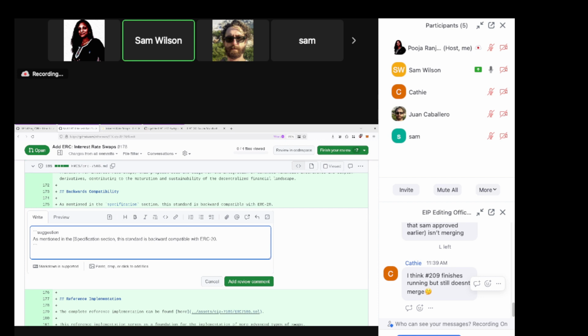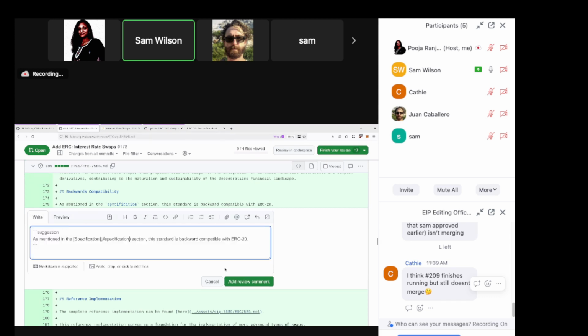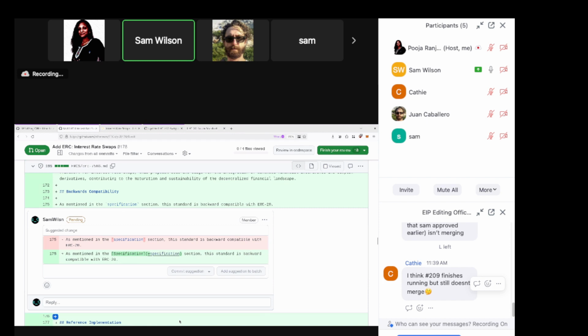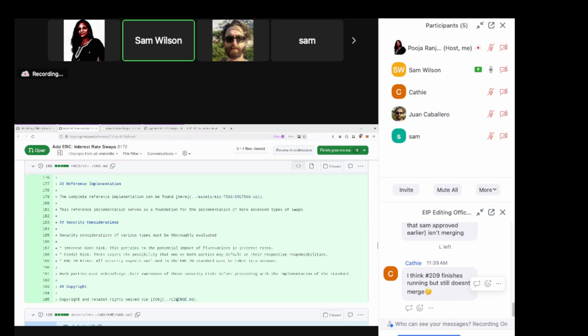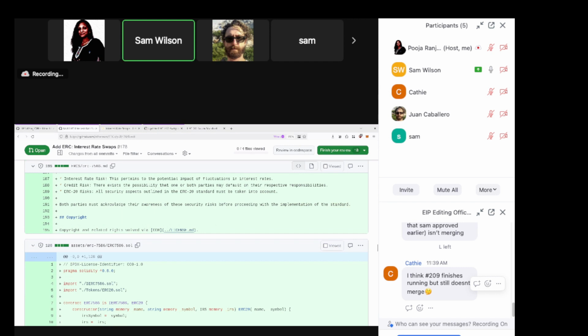You don't really have to. Reference implementation, interest rate risk, okay. Into account, awareness of risk, okay.